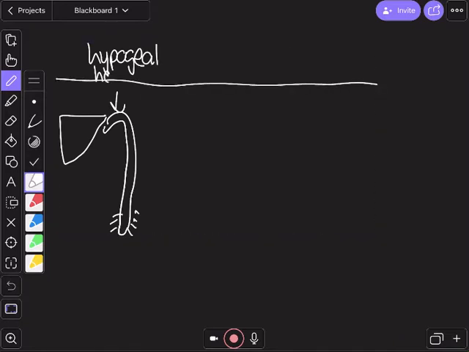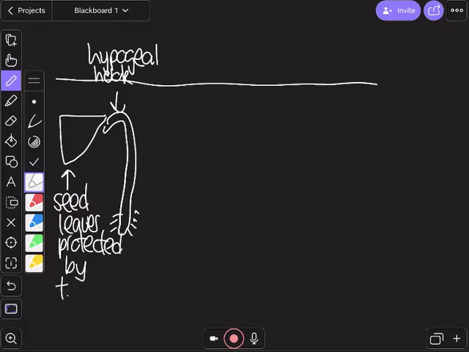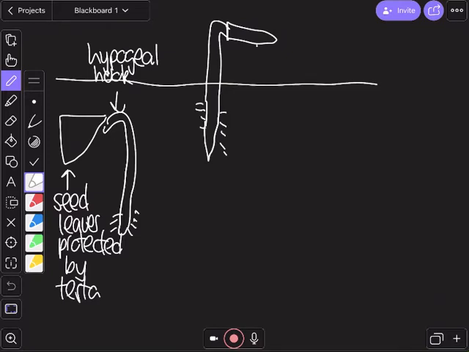So this is your hypogeal hook here, and your seed leaves are protected by your testa. And then when it germinates, or when it gets through the soil, your seed coat is going to get discarded.